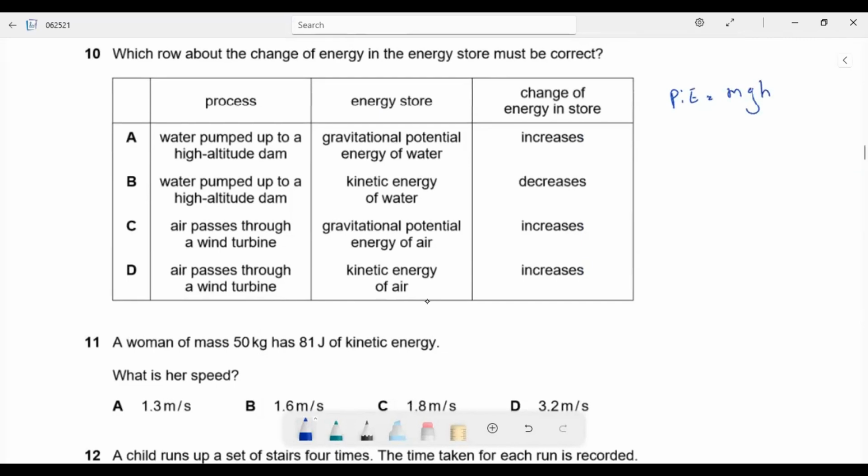So as height increases, it also will increase. So this is the right statement. A is the correct answer. It is not kinetic energy. And in wind turbines, actually, the kinetic energy of moving air is transferred to mechanical energy. We are having the right answer as A.